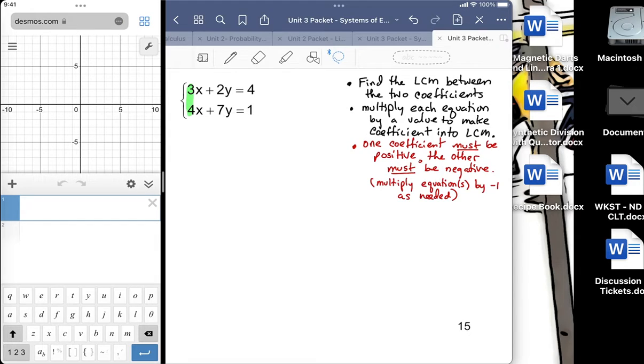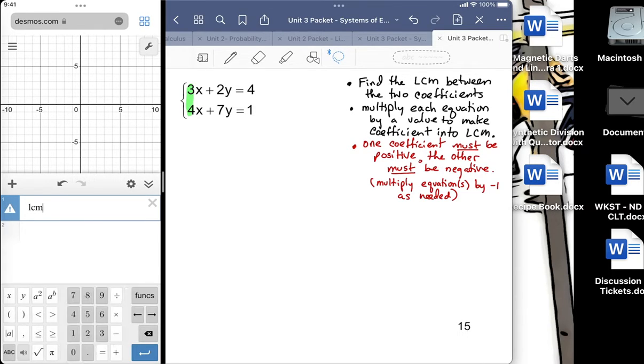But anyway, find the LCM. On Desmos, type in LCM, open parentheses, 3, 4, and it tells you the LCM. It's the beauty of Desmos. Odds are you just start typing in the thing that you're looking to find, and it's a command, because Desmos is math incarnate.